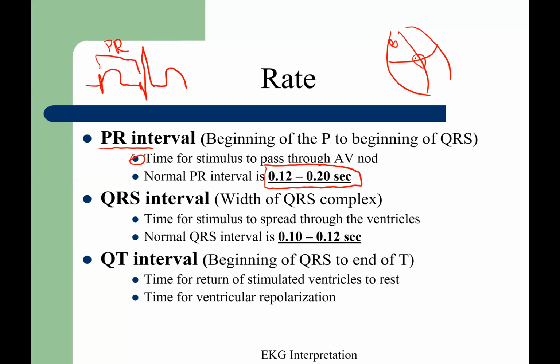The next interval we're going to talk about is the QRS interval. The QRS interval is the total time it takes for the stimulus that arises from the SA node, depolarizes the atrium, makes its way down through the AV node, through the bundle of His, the right and left bundle branches, and out the Purkinje fibers.